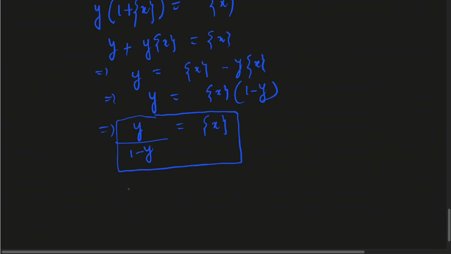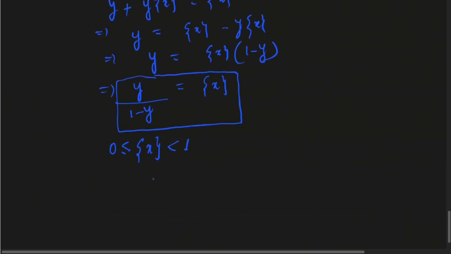Now we know that this fractional part varies from 0 to 1. So this value y upon 1 minus y will vary from 0 to 1.